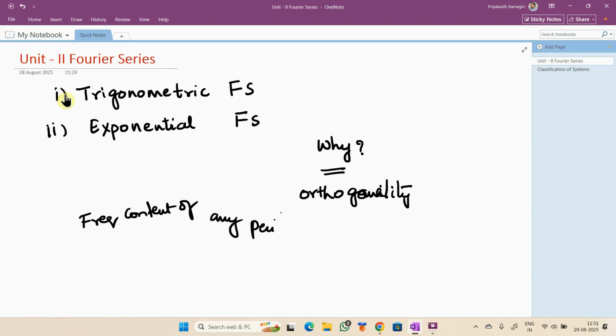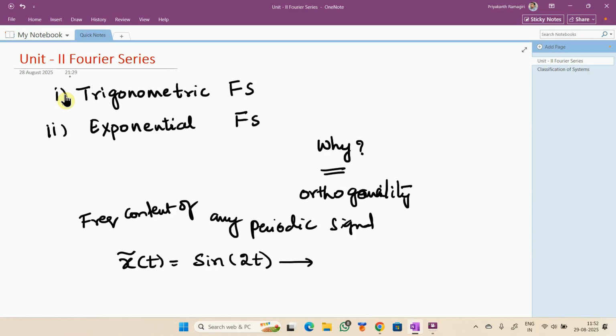So if I take an example of a periodic signal x like this, sine of 2t. Do we need a Fourier series to represent this periodic signal?